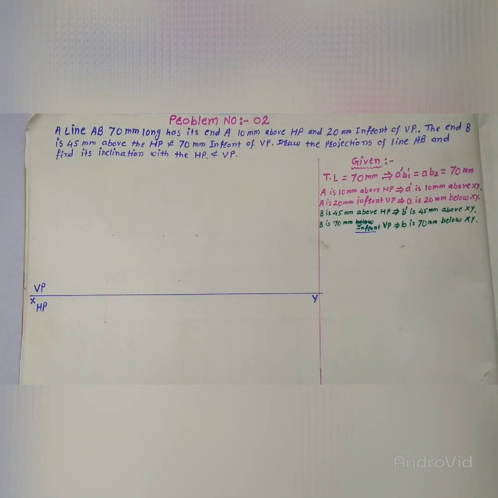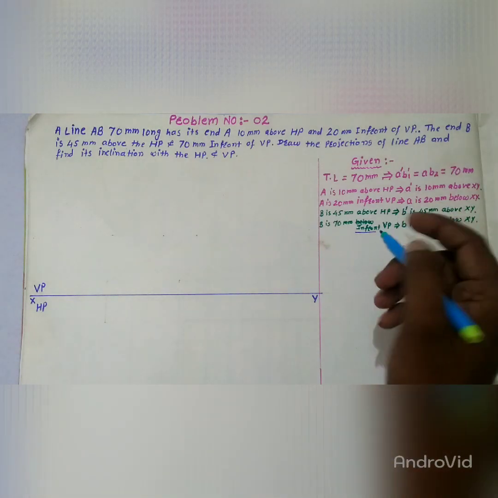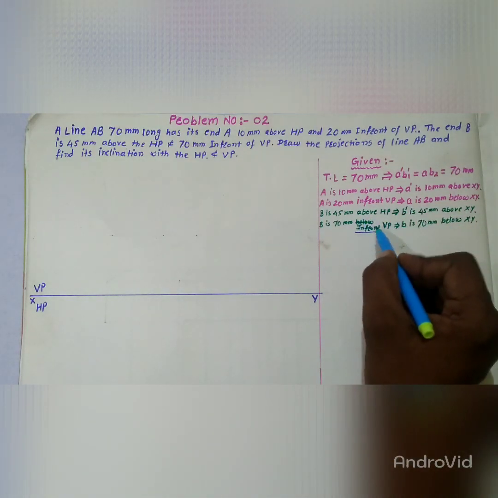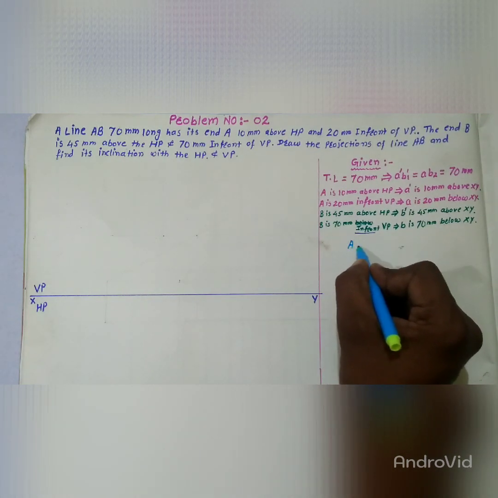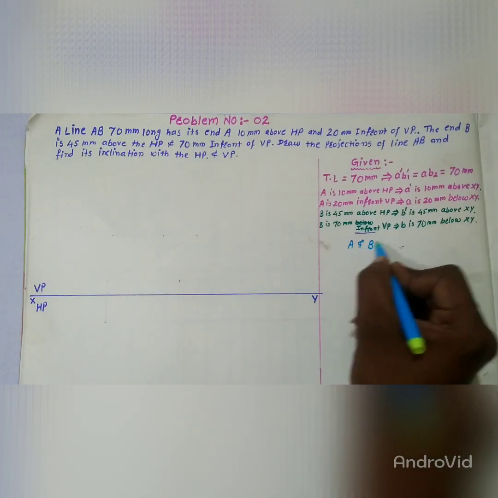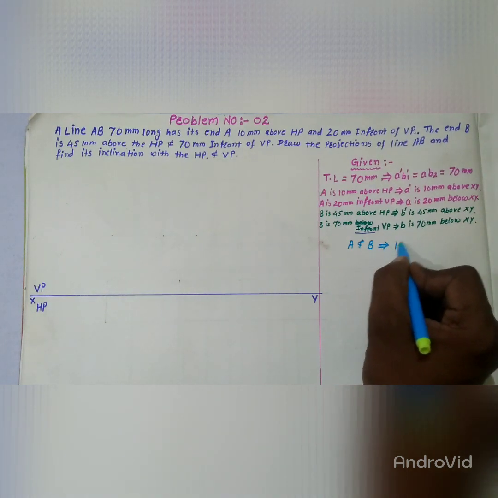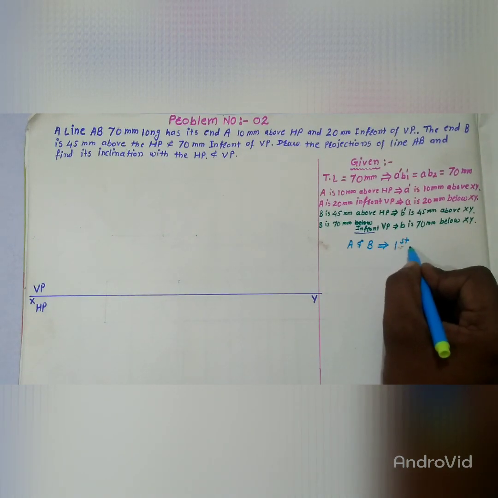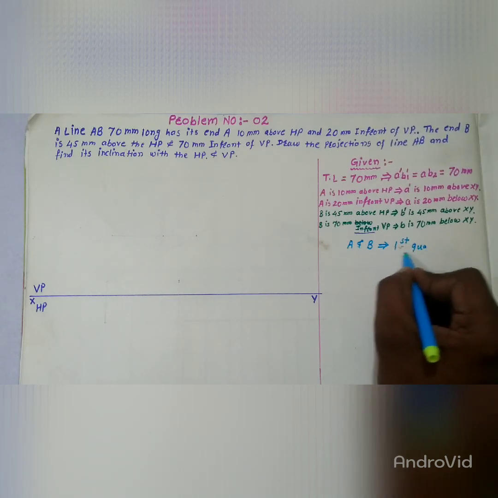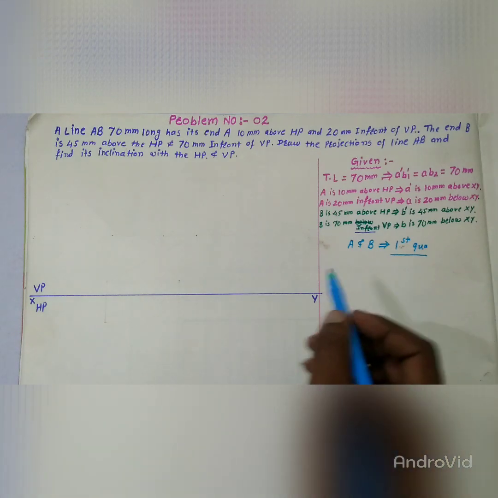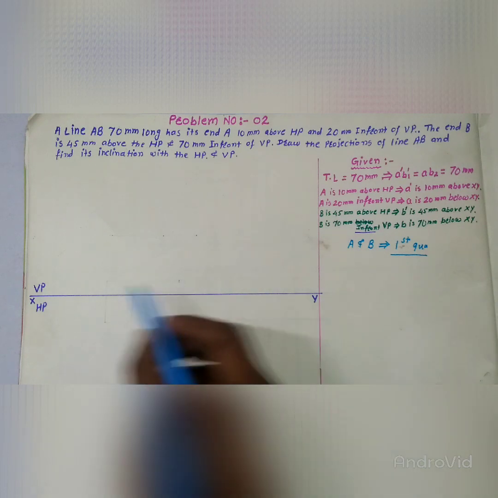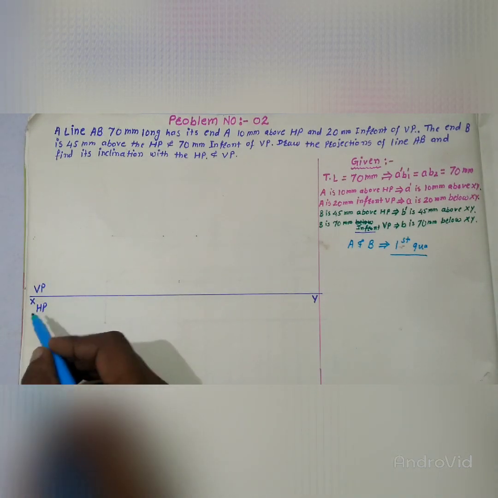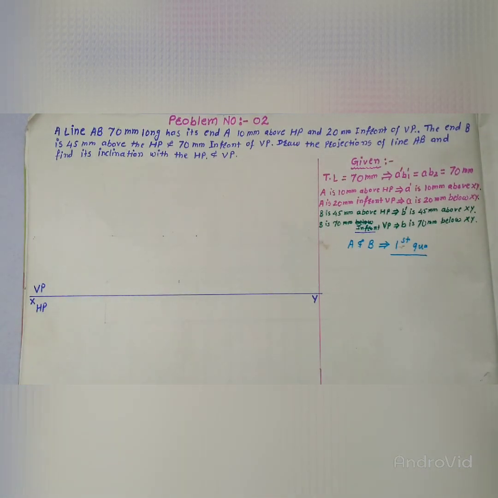Similarly, point B is also above HP and in front of VP, so points A and B both lie in the first quadrant. So we have to use only the first quadrant, that is the first angle method of projection, where the vertical plane is above the XY line and the horizontal plane is below the XY line.